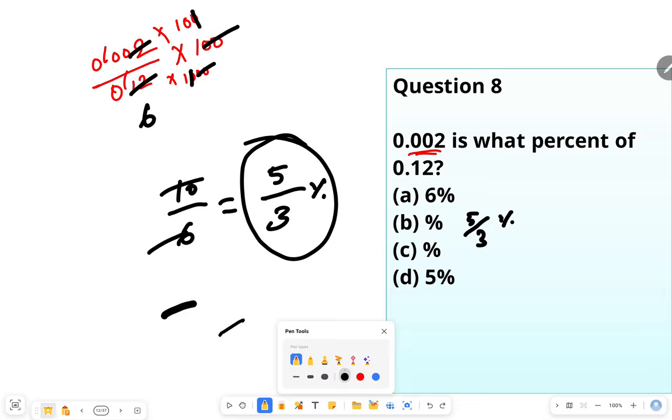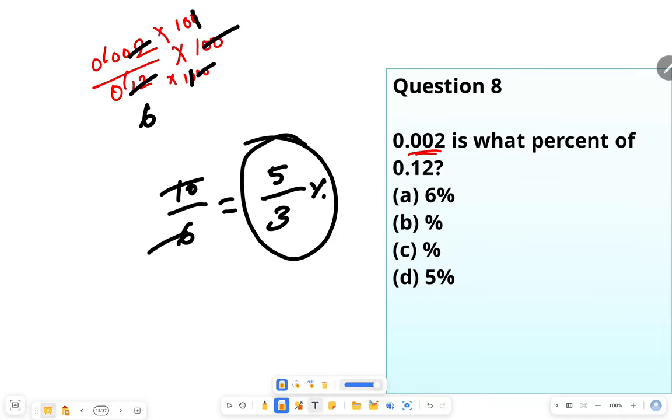Yeah, now it is fine. 5.3%, this is in your option B, and 3.5 is option C. So what we have got, option B is the answer.